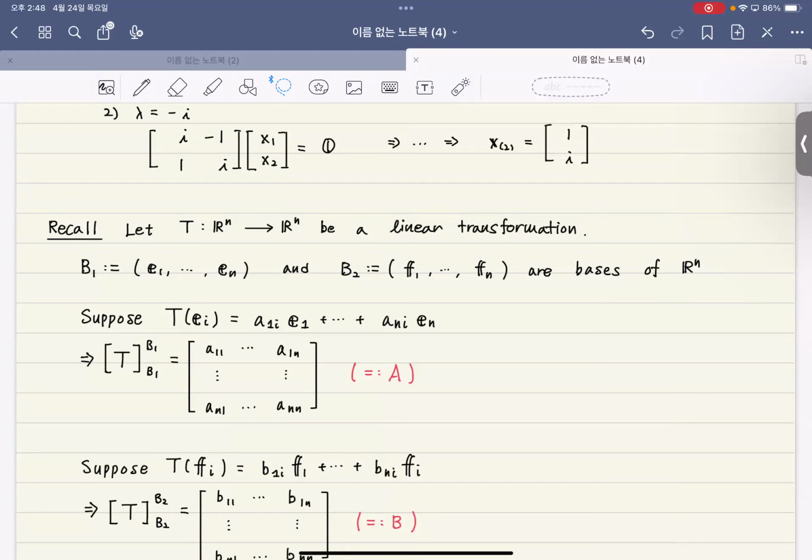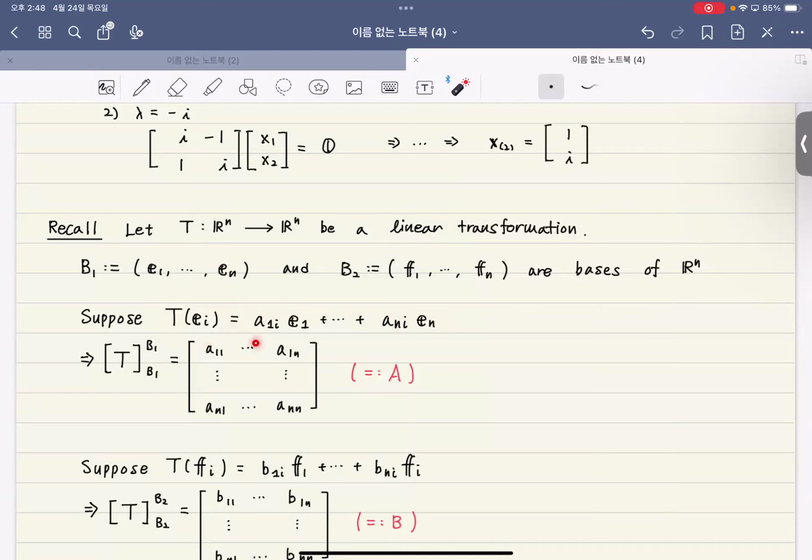I have 2 different choices of the basis for Rn, and if I apply T to these basis vectors, I can write down the resulting vector as a linear combination of these bases.